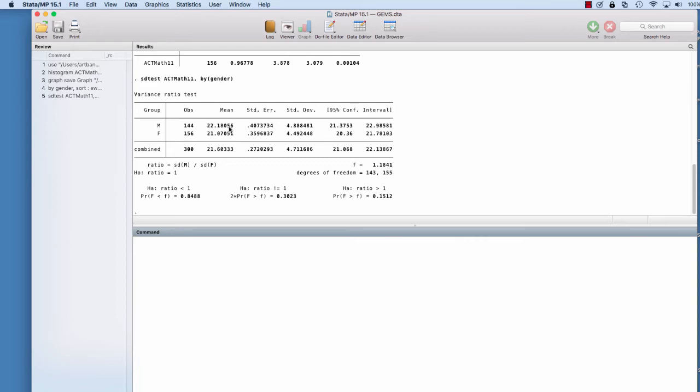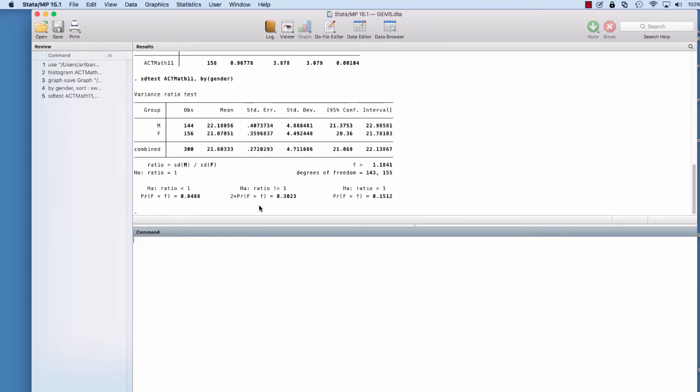This is the mean for males, 22.18, and the mean for females, 21.07. And then we can see that the variances here are looked at. They really report the standard deviations, but if you square those standard deviations, you get a variance.